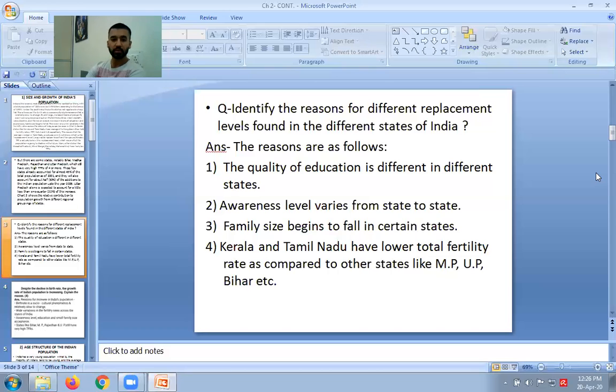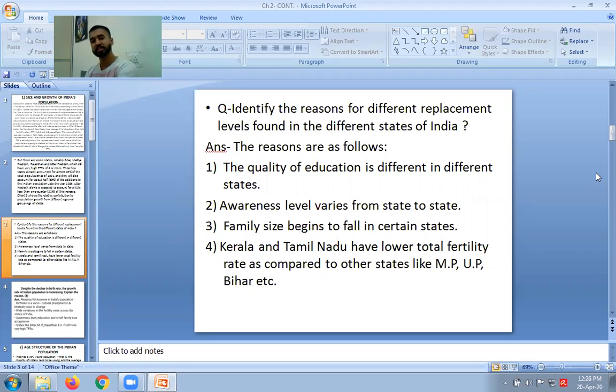Because people started getting education and started becoming aware. So in certain states we have small families. In certain states we don't have small families, and I know you know which states I'm referring to: UP, Bihar, Rajasthan. These are the states that have larger families.